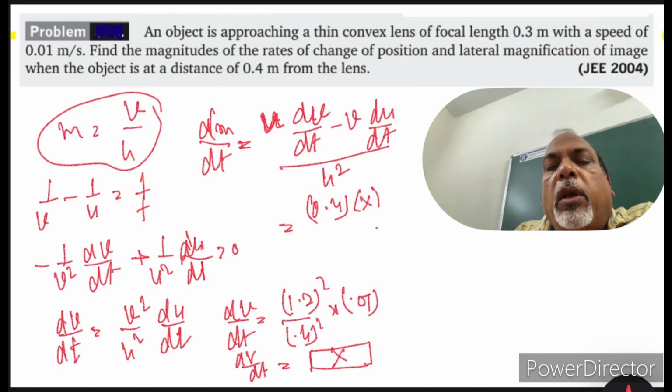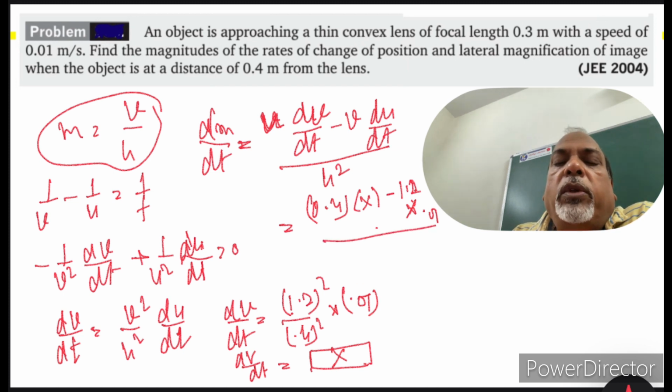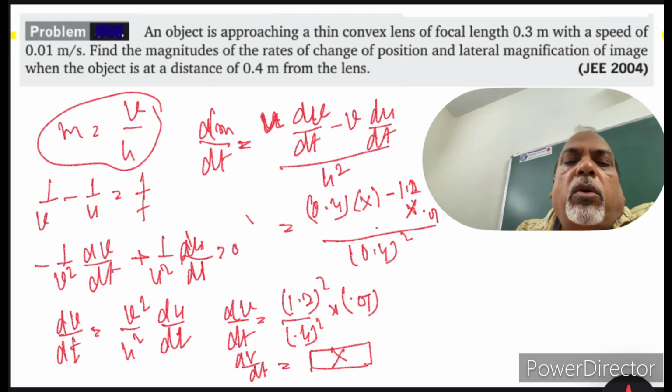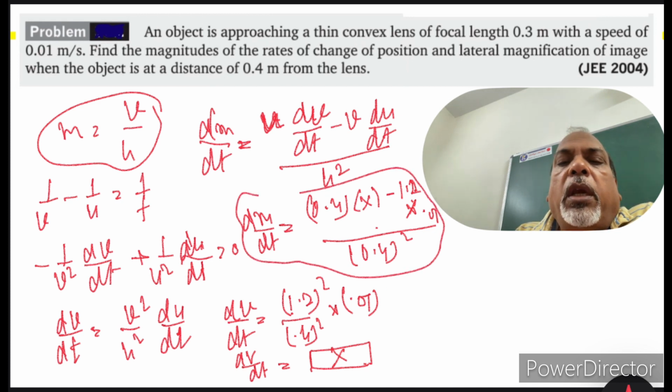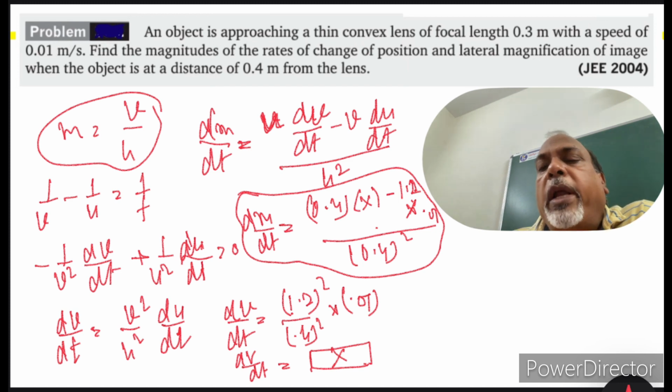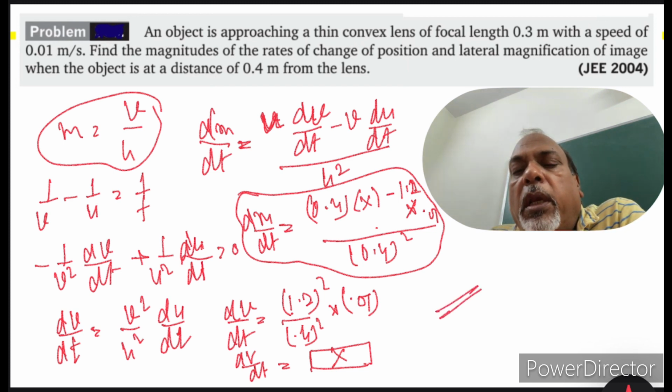Then minus v, we know v is 1.2 meter, into du by dt 0.01, which is already given, and of course u is 0.4. So I am not doing the calculation part, you can do it. The calculation part is easy. The only thing is how to crack the problem, that is important.